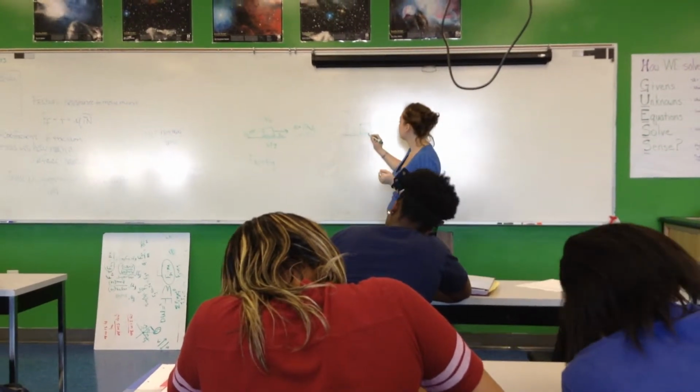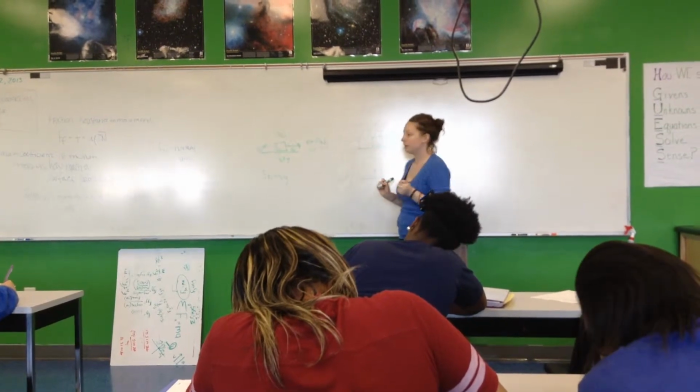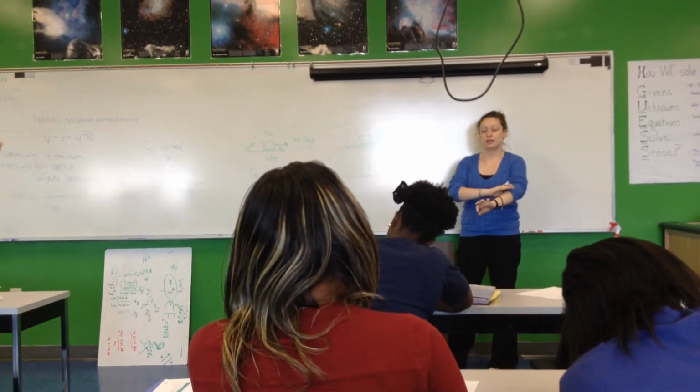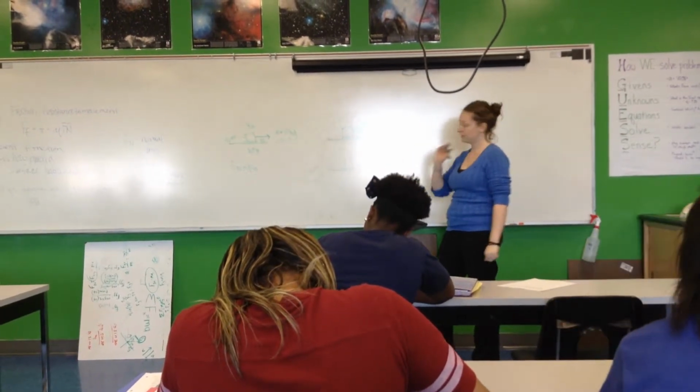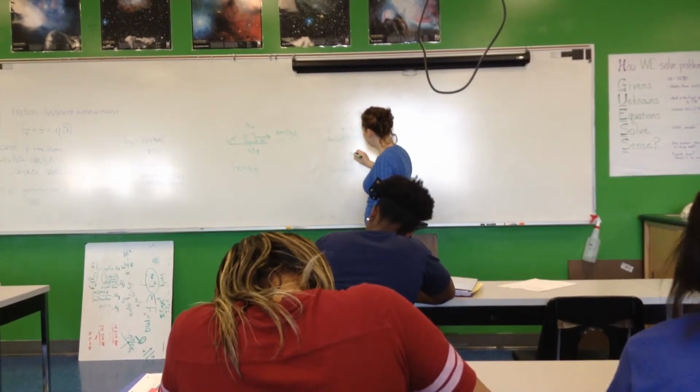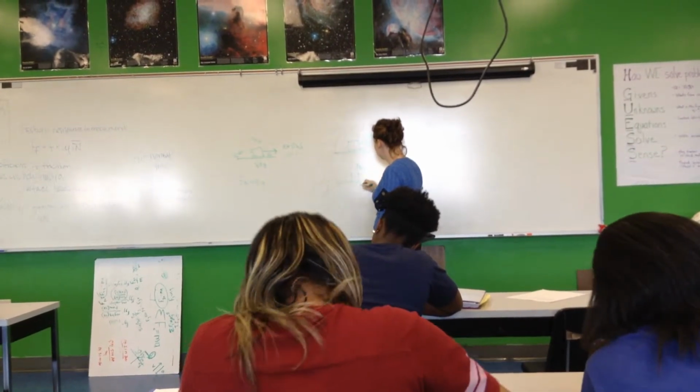Okay? Over here, we're going to have our component diagram, and what's that going to look like? Tension will go to the right. What else is on here? Fg, Fn, and Ft.